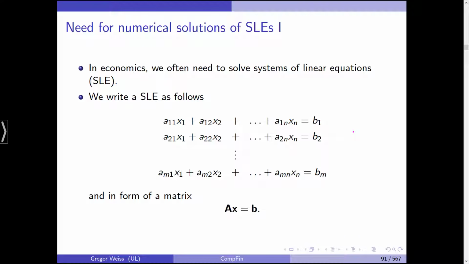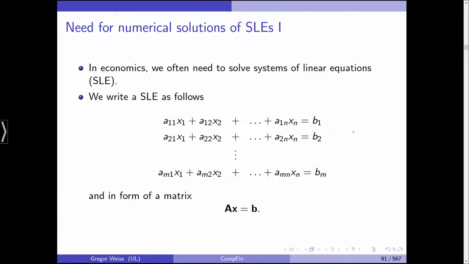Why are they linear? You can see that we don't have any powers, we don't have any nonlinear expressions or functions in this equation, so this is a linear or an affine linear equation. And as you can see, we have n variables and m equations.